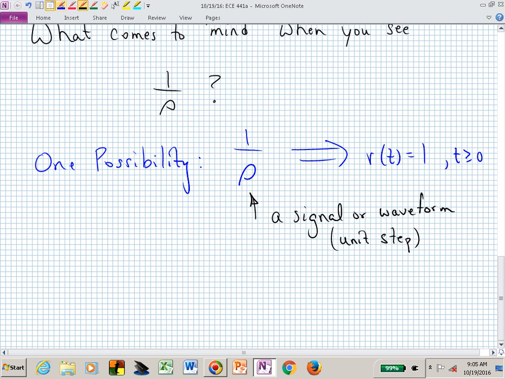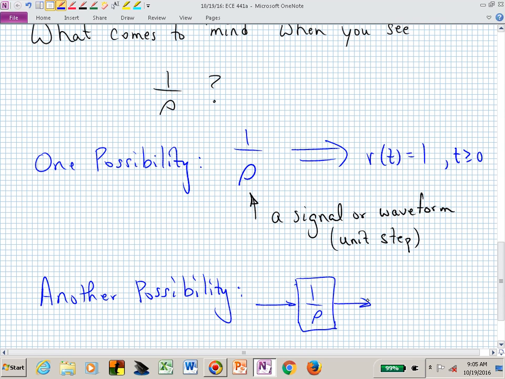Another possibility, as you indicated, is that when you see that 1 over s, maybe you're putting it inside a block to be an operation.